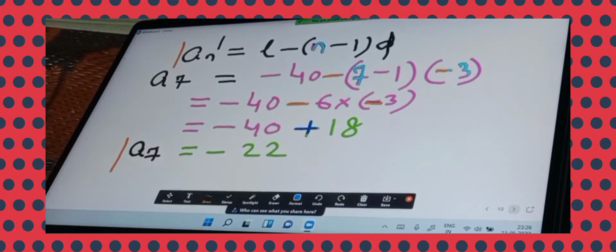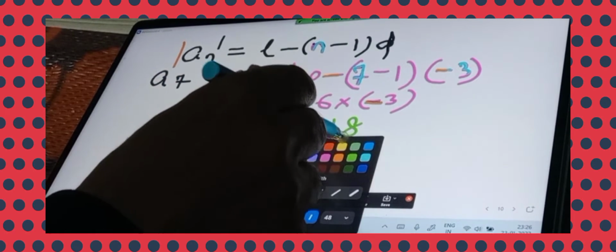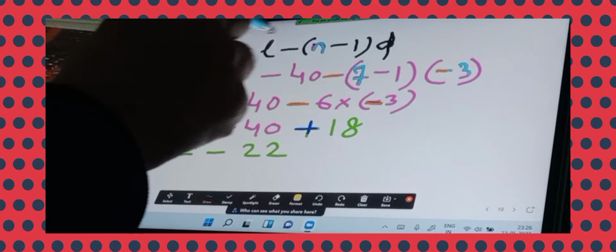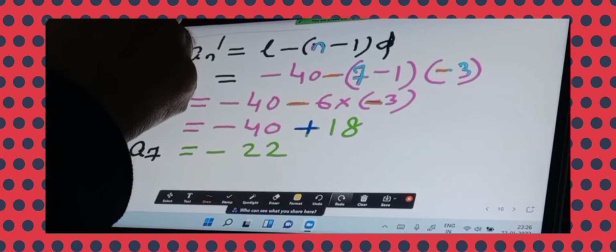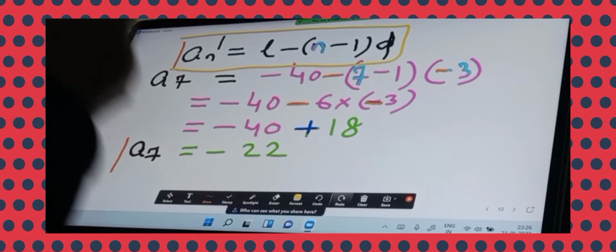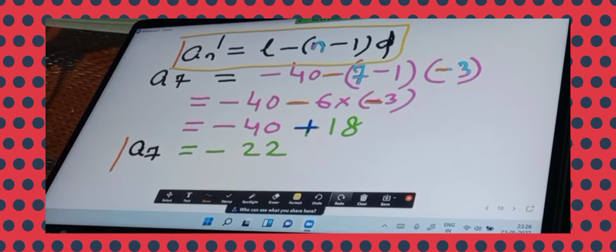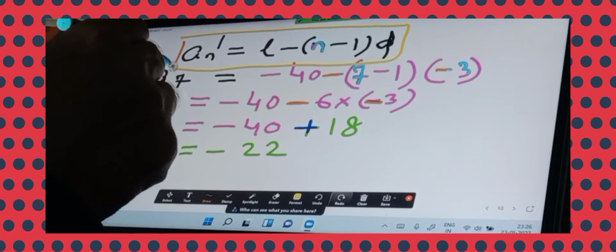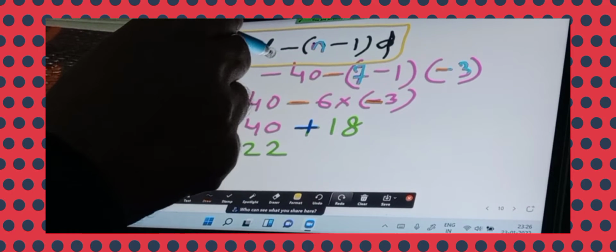Let us use this formula. An dash is equal to L minus n minus 1 into D. In place of n write 7, and in place of L write minus 40.